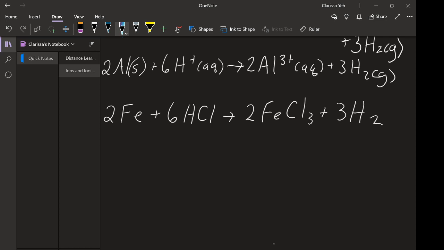My HCl, that's a compound, so that's going to get dissolved. FeCl3 is a compound, that's going to get dissolved. H2 is just the element hydrogen, so that's going to be as is. So we have 2 Fe plus, and then we're going to split this up.